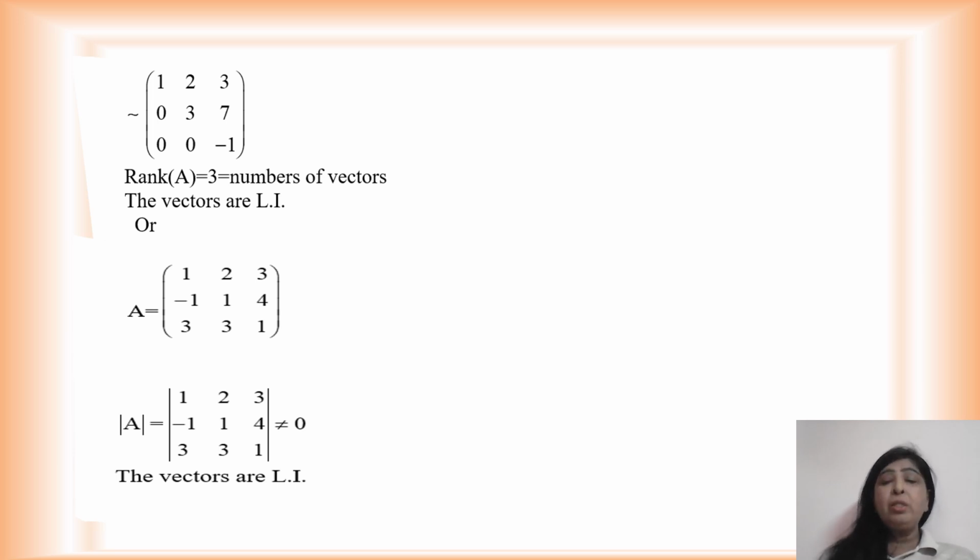Now the number of vectors is 3, and the rank of the matrix A is 3. So these two are equal, so the vectors are linearly independent. Or we take the matrix A, find its determinant, and it comes out to be non-zero. As it comes out to be non-zero, the vectors are said to be linearly independent.